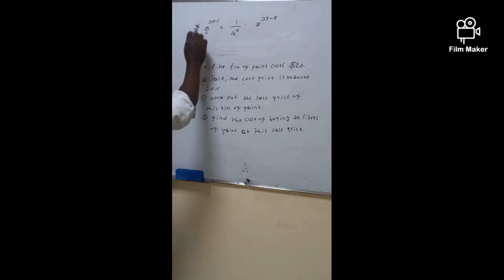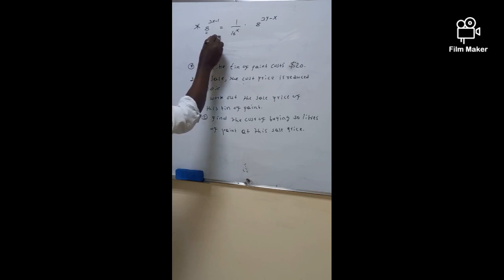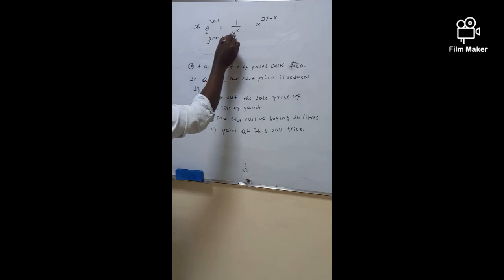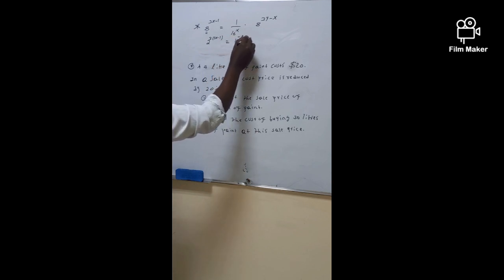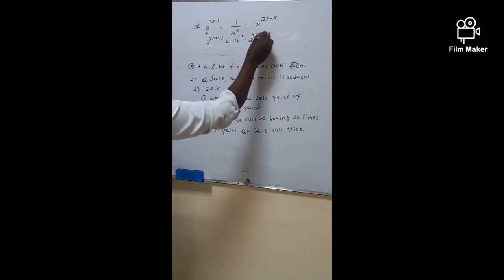8 as a prime factor: 8 is 2 raised to 3, so 2 raised to 3 into 3x minus 1. And that's going to be 16, which is the reason for 16 raised to minus x, times 2 raised to 3 into 3y minus x.